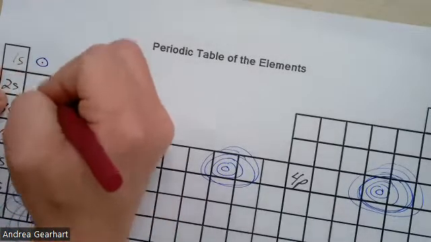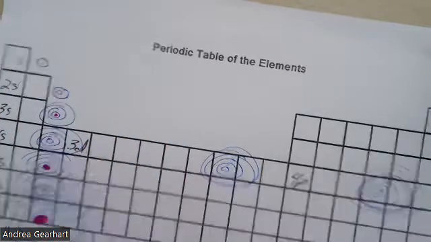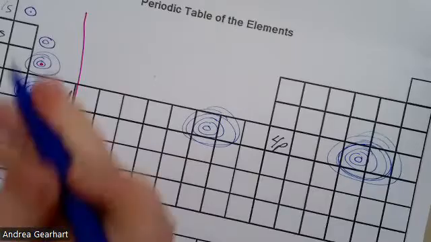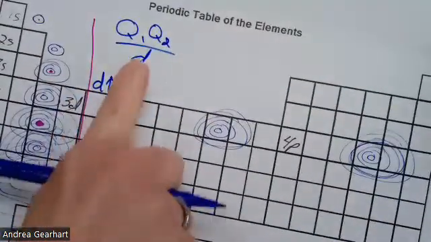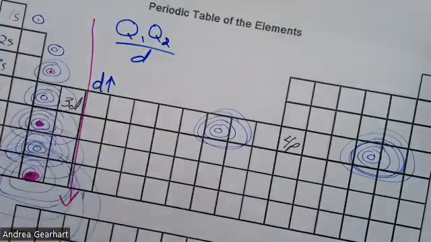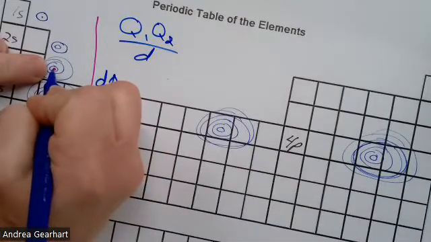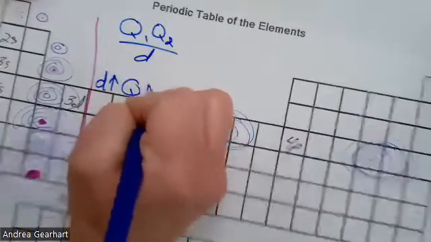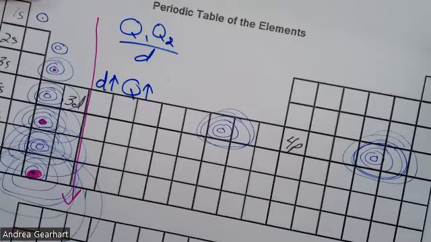So as we go downward, we're adding more protons. So as we proceed down, D is increasing. Now, again, I know we could call this R, but I'm going to always call it D, the distance between our ion centers, which would be the nucleus or charged species to the electron on the outside. But we know that Q is going up as far as the protons. Is that all right?